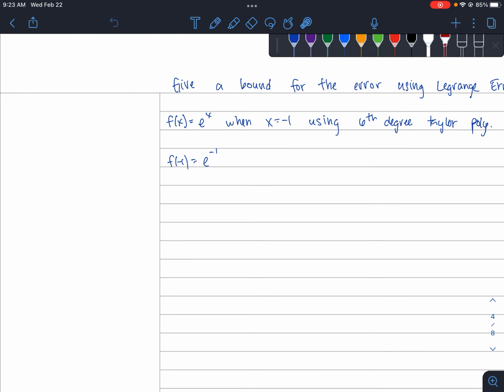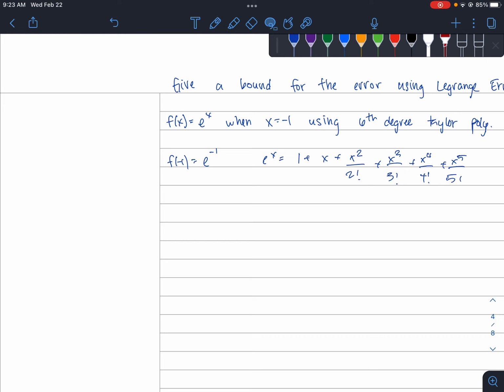So what we're going to do is we first need our Taylor polynomial. If I use the Maclaurin series table, which is what you probably want to use, you'll see that e to the x is equal to 1 plus x plus x squared divided by 2 factorial plus x to the third divided by 3 factorial plus x to the fourth divided by 4 factorial plus x to the fifth divided by 5 factorial.